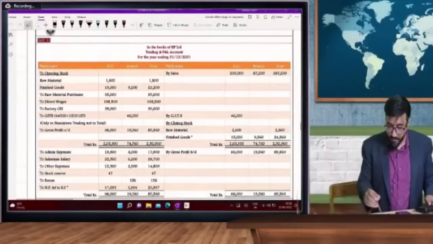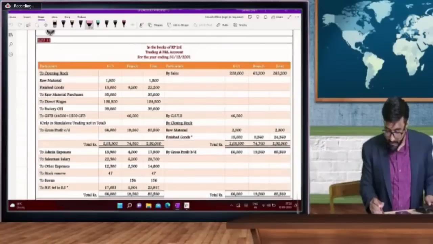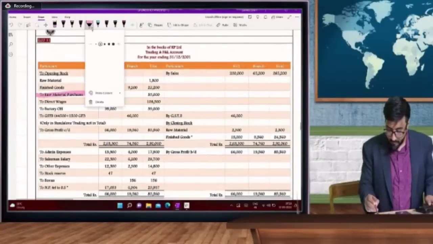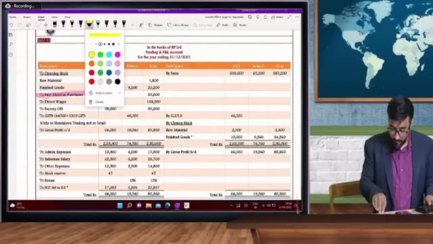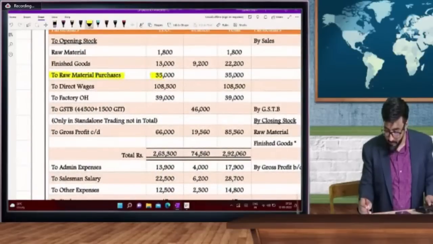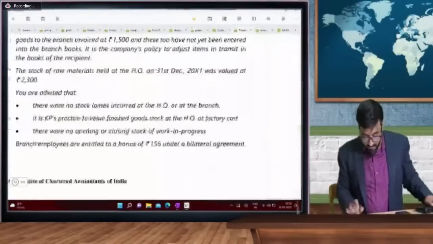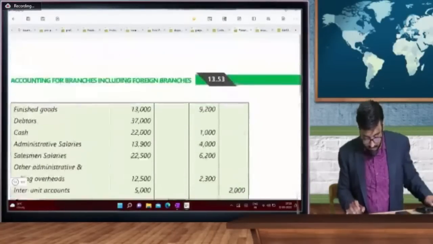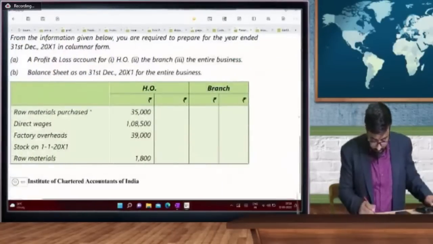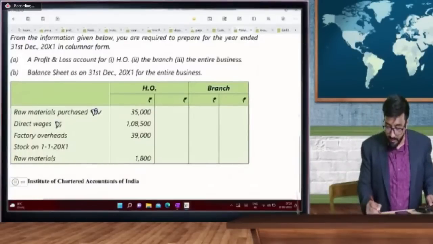Raw material purchases, you can check here. Raw material purchases, 35,000 on the debit side. Where you have written this on the debit side. So raw material purchases on the debit side. Direct wages also trading account debit side.